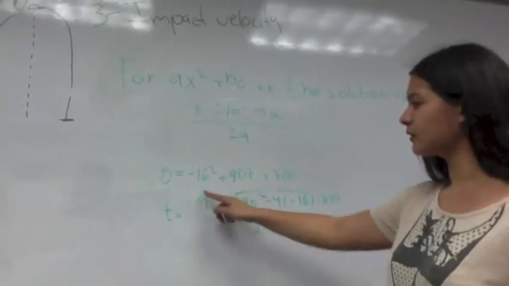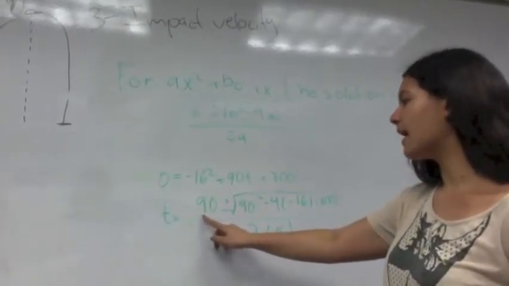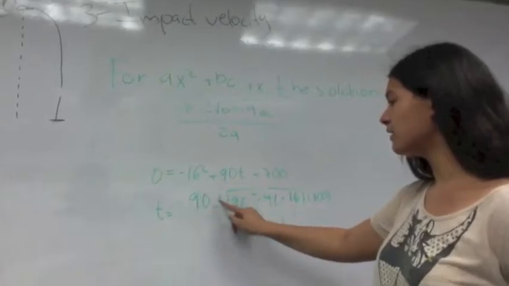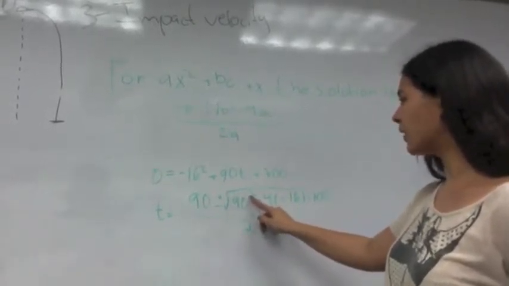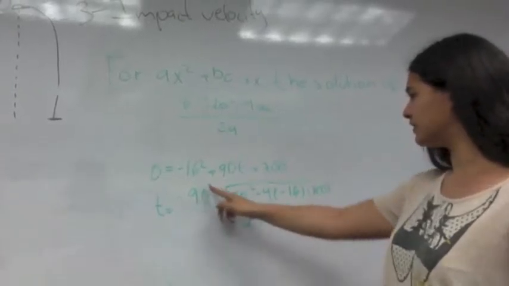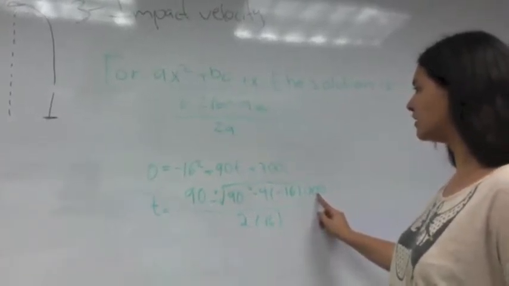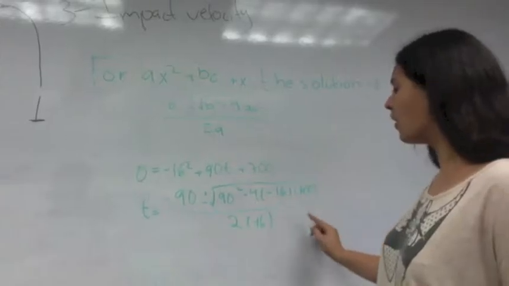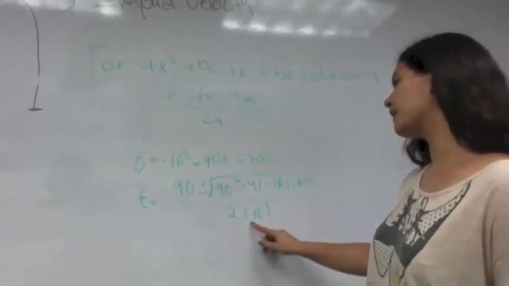Then t equals negative 90, which is b, plus or minus the square root of 90 squared, which is b squared, minus 4 times negative 16, which is a, times 700, which is the c variable, over 2 times negative 16.